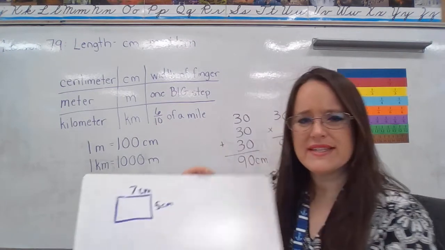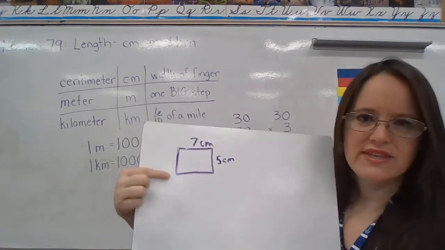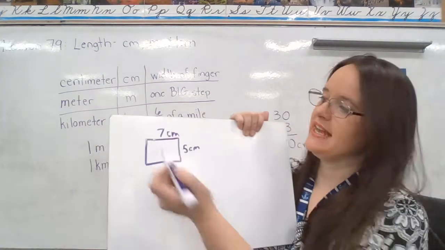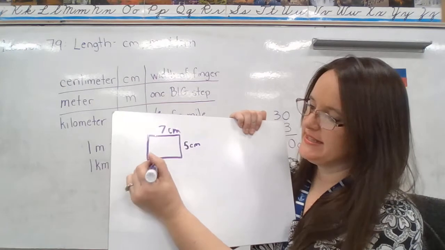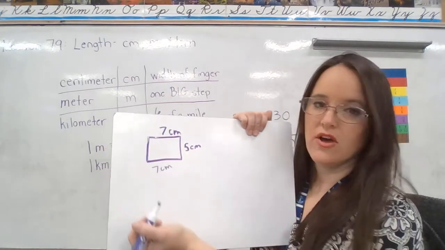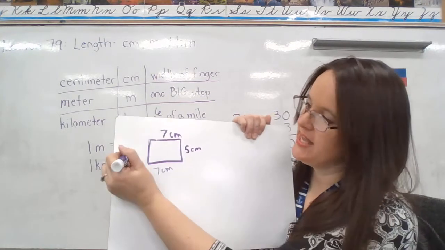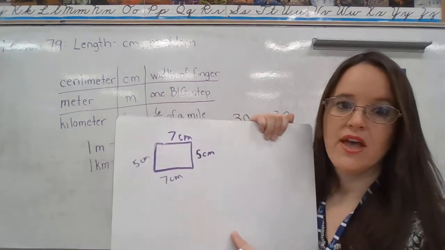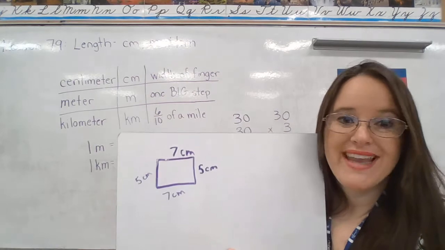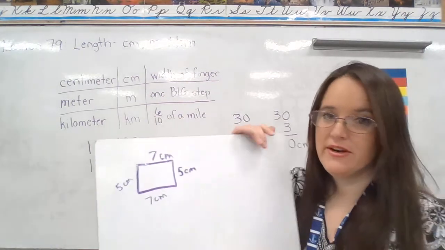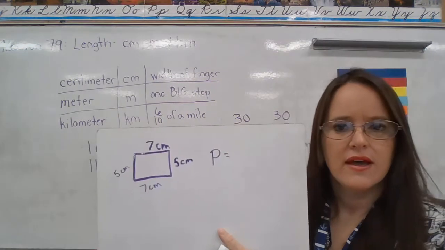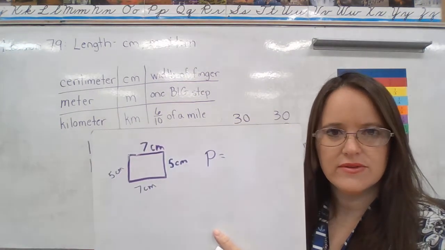Now this is a rectangle. Do I have to measure the other 2 sides? No, because in a rectangle, opposite sides are the same length. So that's also going to be 7 centimeters. That's also going to be 5 centimeters. So I've done the first part. Now I need to find the perimeter. How do we find the perimeter of a rectangle?